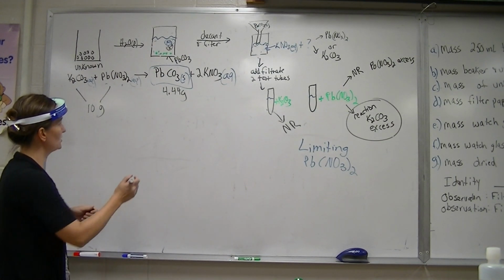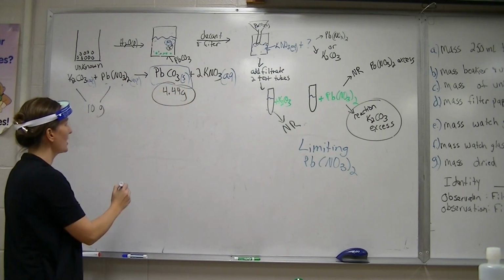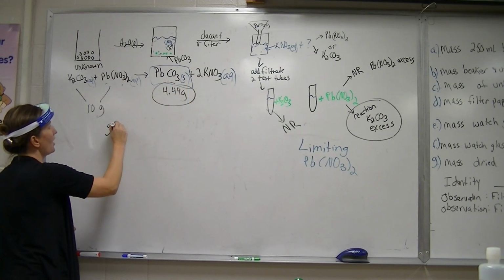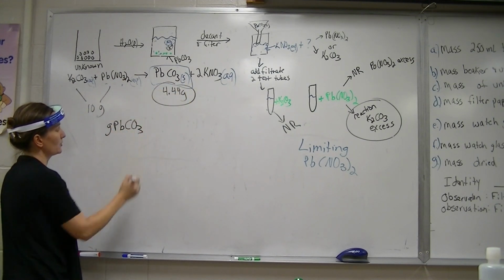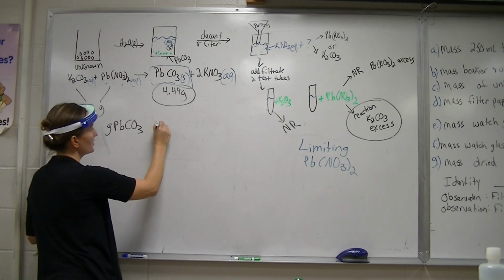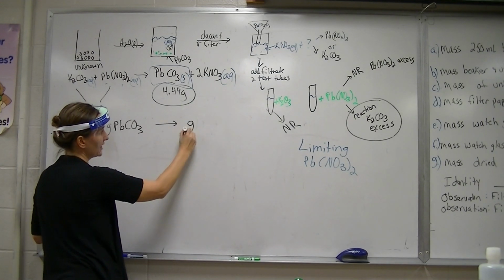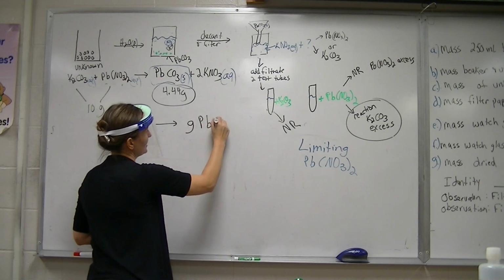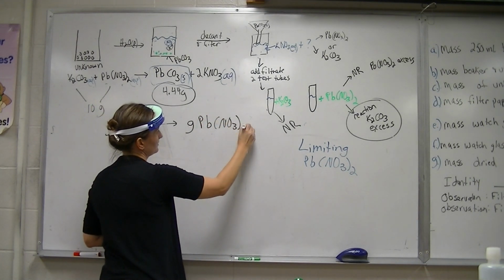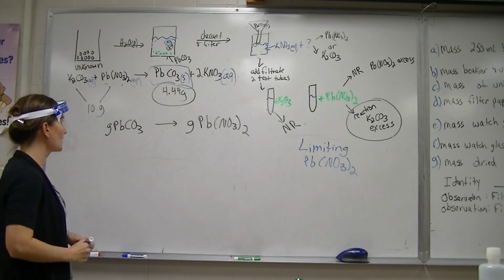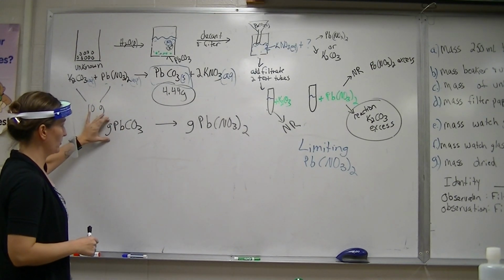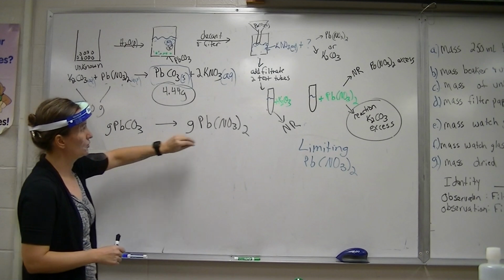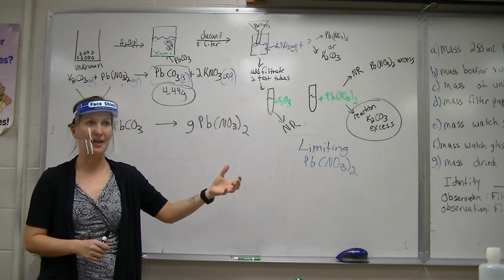Because what they want us to do is start with this. They want to go from grams of lead carbonate, from grams of product, and figure out the grams of the limiting. And we said the limiting was the lead nitrate. Now, we can't go from grams of one compound to grams of a different compound in one step.